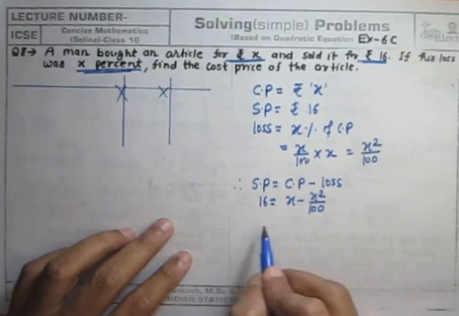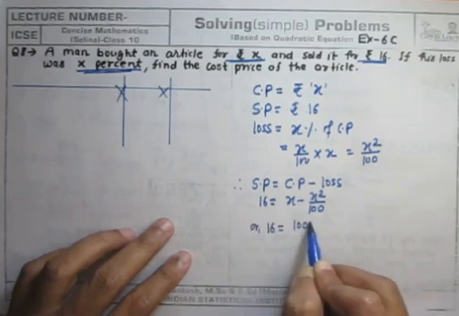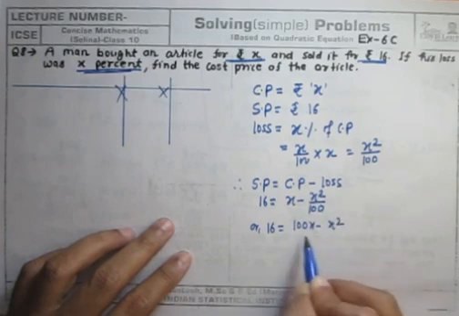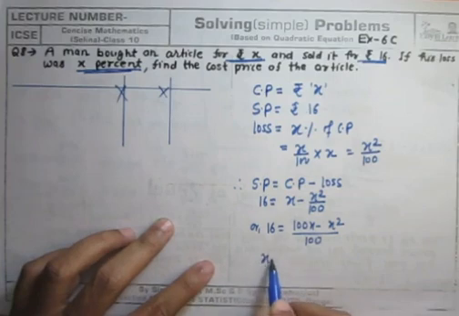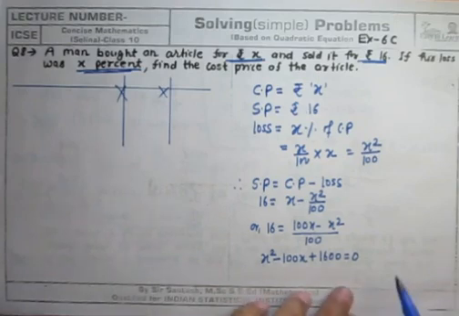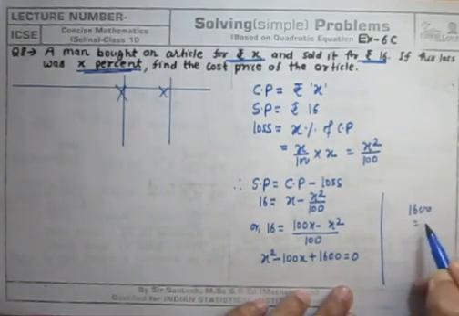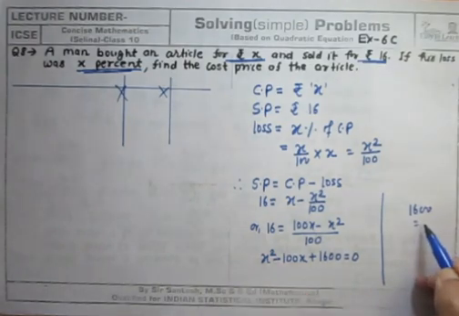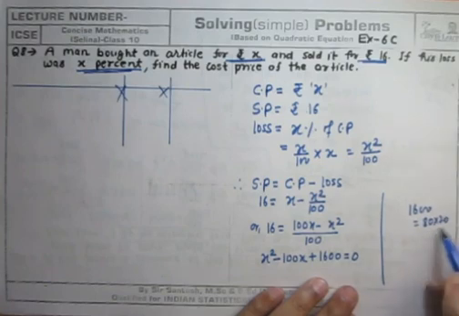Now solve this equation. So 16 is equal to (100x minus x square) by 100. So we are getting the equation x square minus 100x plus 1600 is equal to 0. Now this 1600 can be written as 80 into 20, and their sum is 100.